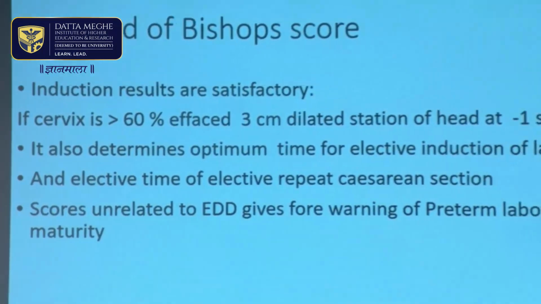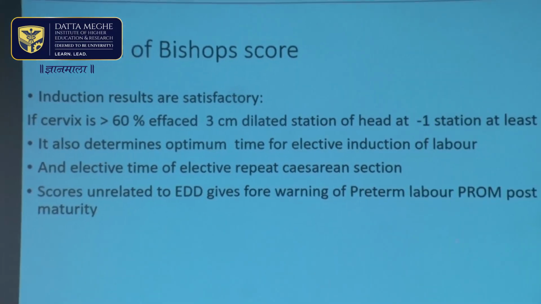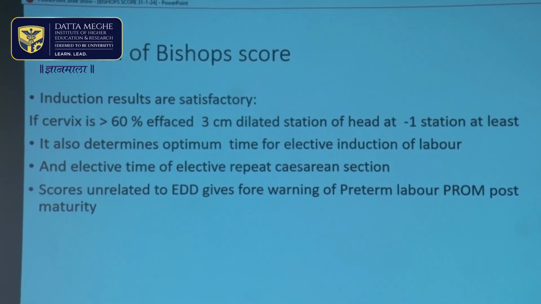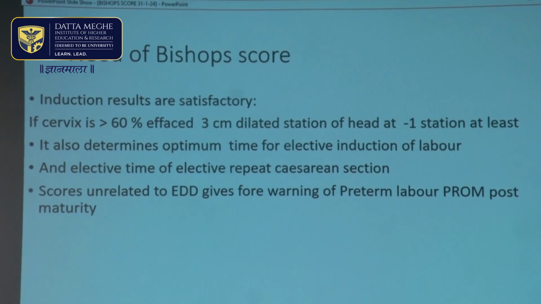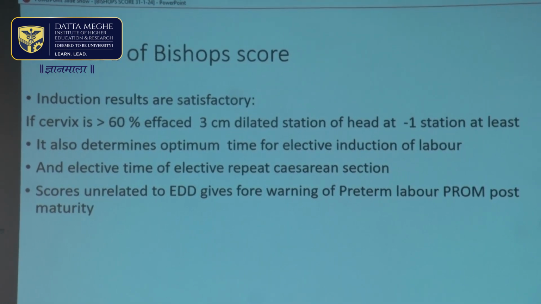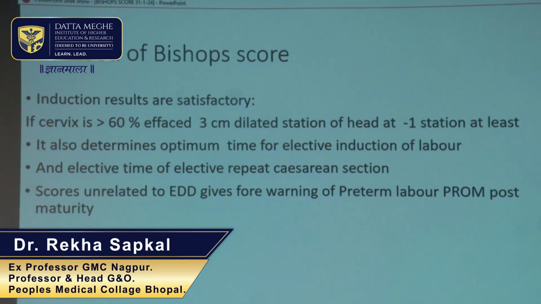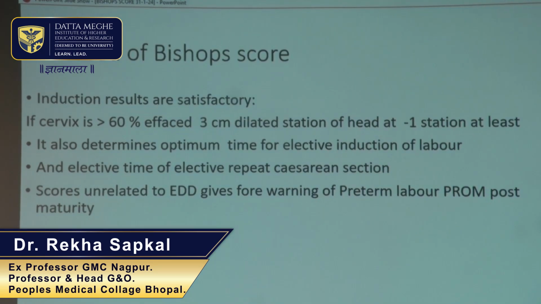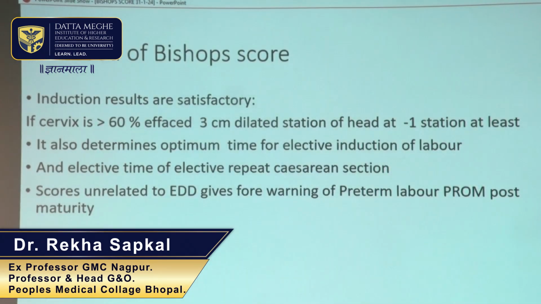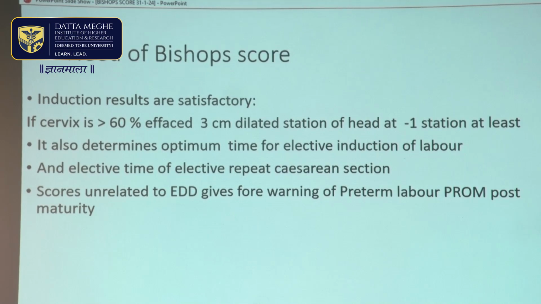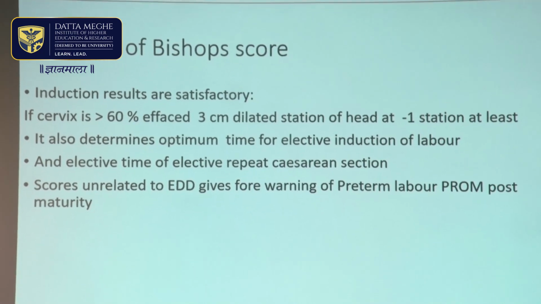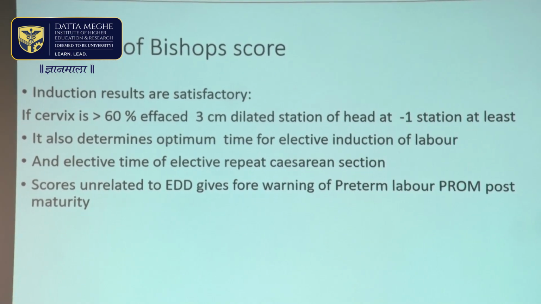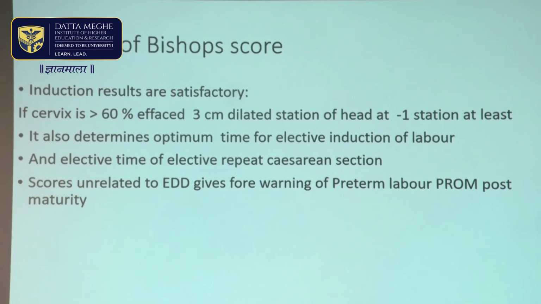Remember in short, if the cervix is more than 60% effaced, 3 centimeter dilated and station of the head is -1 station at least, then the induction results are satisfactory. It also decides the optimum time for elective induction. Suppose I am planning for induction of labor, if the cervix is favorable, I can go ahead safely, and the elective time is also there.